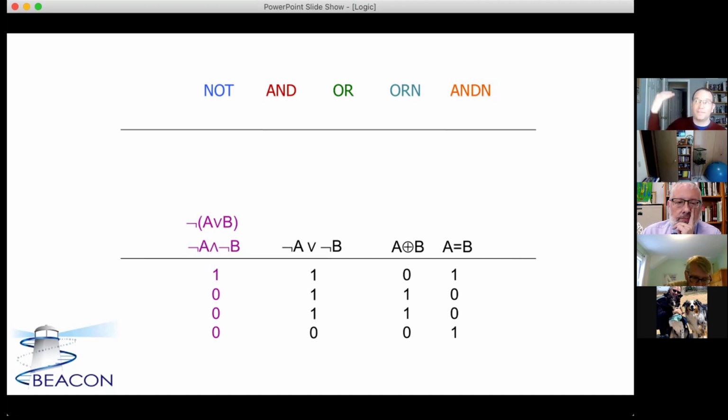And we started out with 0s at the top and 1s at the bottom for A and B. So it was only false at the very start when they were both false. The not of that is going to be the inverted one. We'll have things that are true when both A and B are false, and they're going to be false where either A or B was true. So this is not or, which is nor.